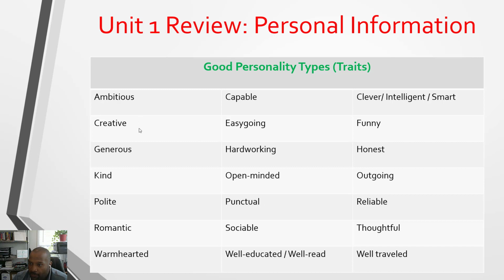We have ambitious, creative, generous, kind, polite, romantic, warm-hearted, capable, easygoing, hard-working, open-minded, punctual, sociable, well-educated, well-read, clever, intelligent, smart, funny, honest, outgoing, reliable, thoughtful, well-traveled. So these are all good personality types or traits.